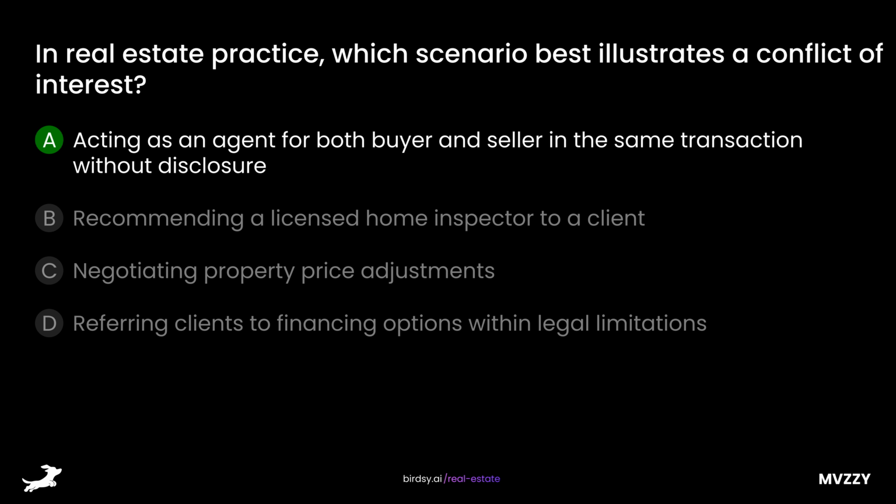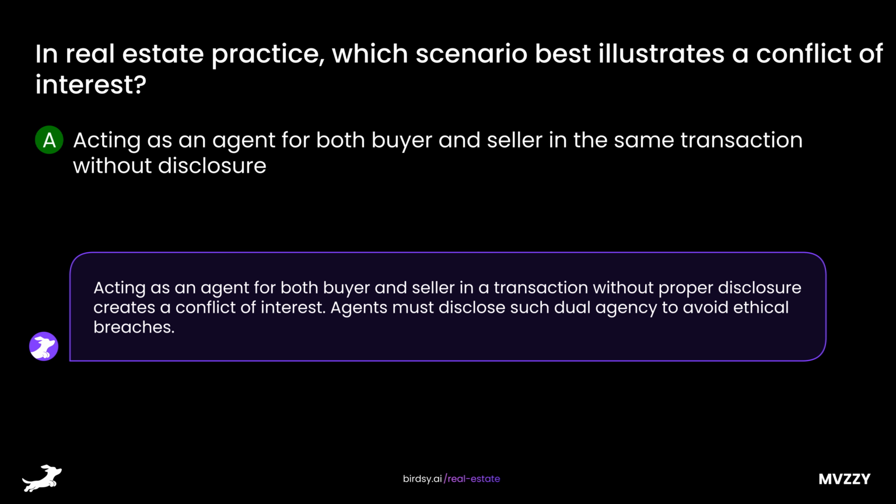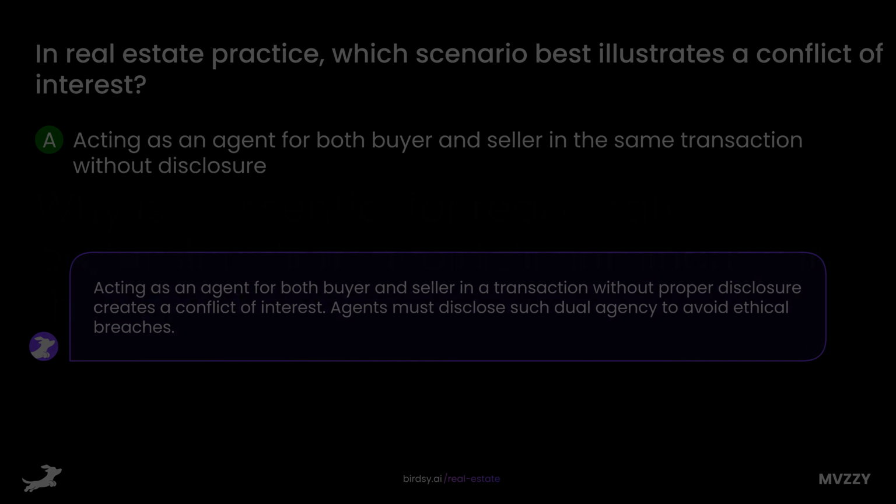The answer is A, acting as an agent for both buyer and seller in the same transaction without disclosure. Acting as an agent for both buyer and seller in a transaction without proper disclosure creates a conflict of interest. Agents must disclose such dual agency to avoid ethical breaches.